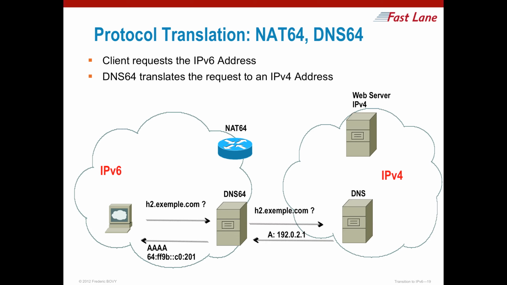The DNS64 is looking for an IPv6 address, but if it cannot find one, it will get an IPv4 address, but it will translate it to IPv6 using the well-known prefix 64:FF9B, and then the IPv4 address coded in hexadecimal, like C0 for 192, 242, and 0141.